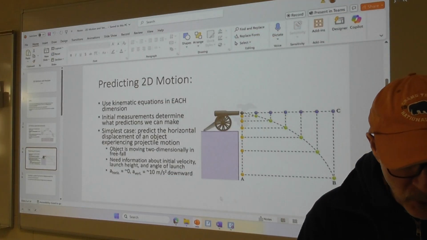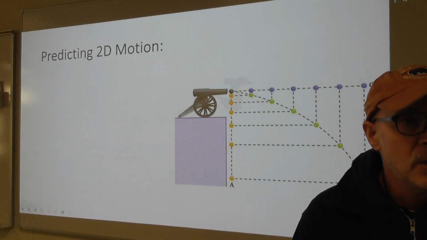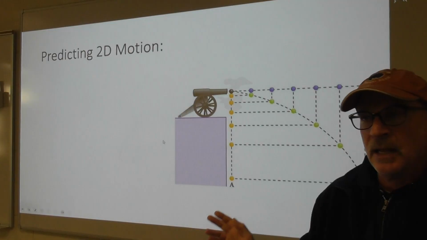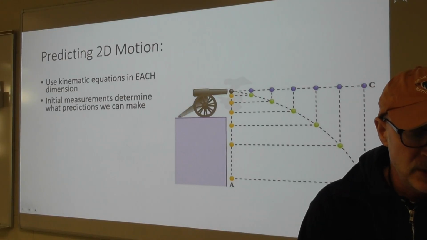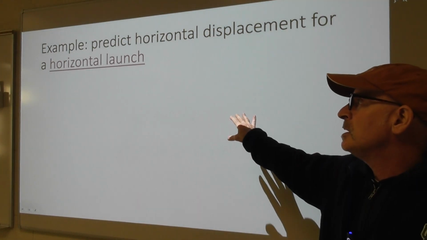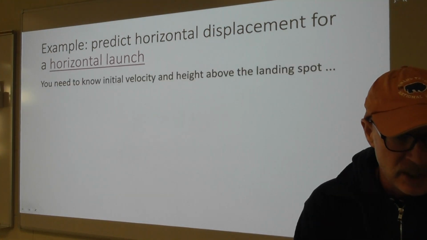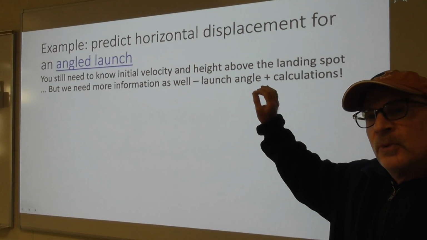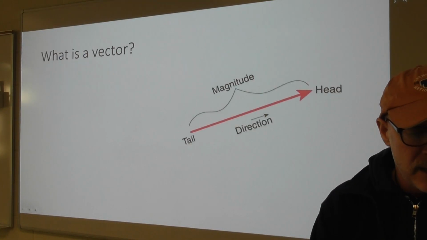We're going to look at both of those down the road, and we're not going to look at any of it today. We'll start with this on Thursday. But ultimately, what we'll need to be able to do is predict for both horizontal and angled launches. So we'll work through this on Thursday.